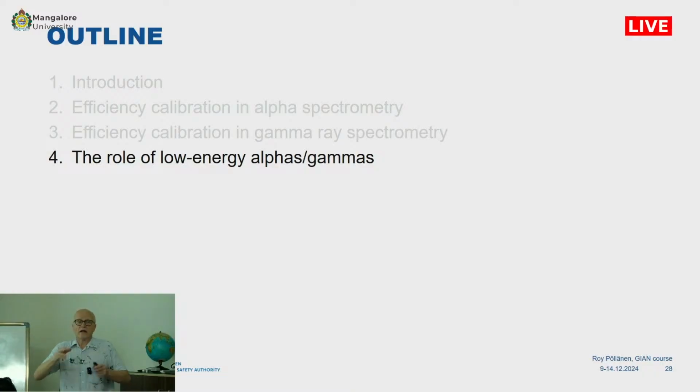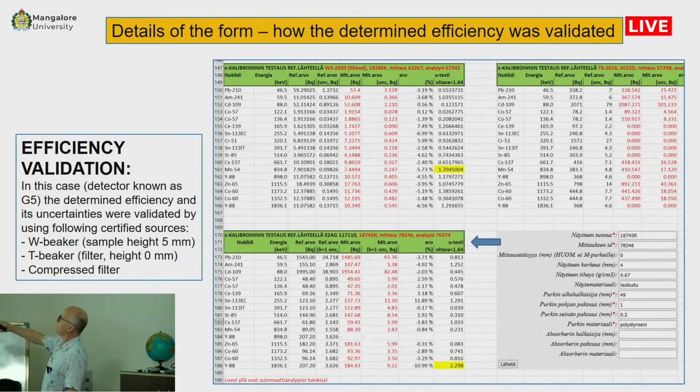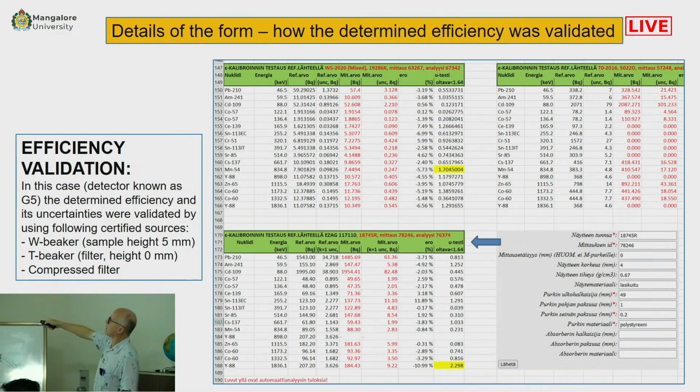How to explain? It is possible that some nuclides, short-lived nuclides, might die totally away from the sample. So then let's look at the example here. I think it's this sample here.